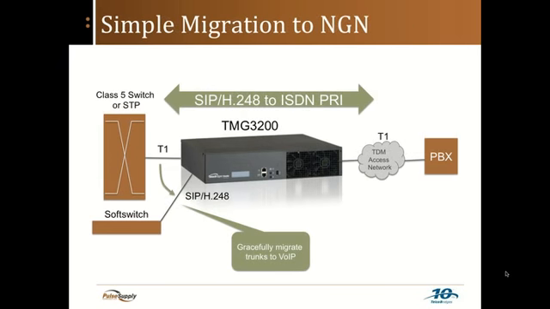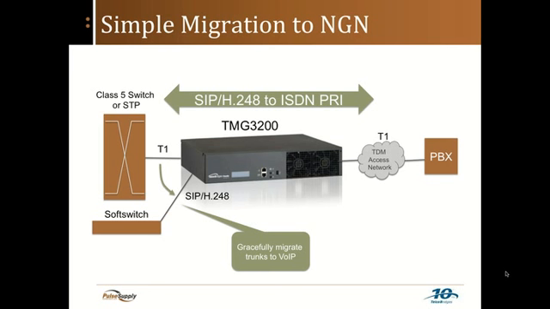And what's more is that this device includes, by default, support for next generation protocols such as SIP and H248 Media Gateway Control Protocol, as well of course as voice over IP interfaces that support RTP and the appropriate codecs that you'd like to use in your network.